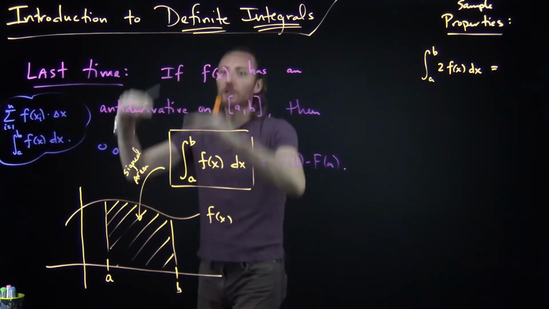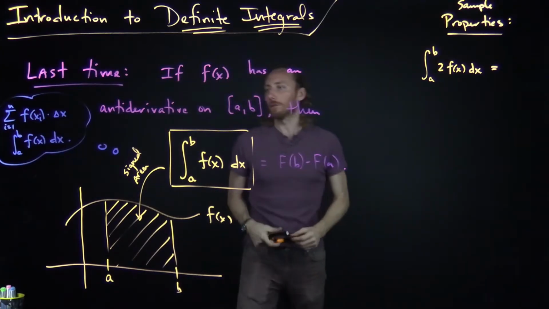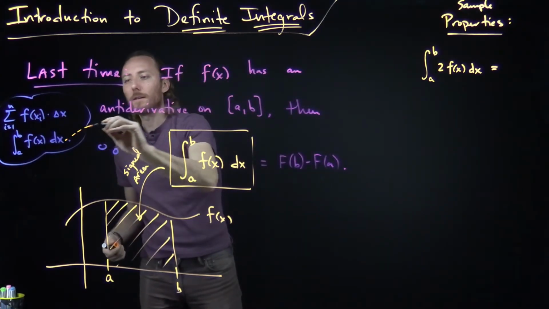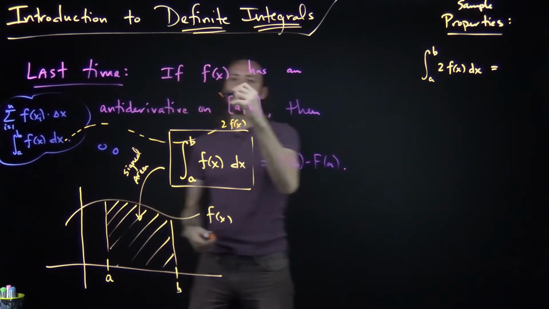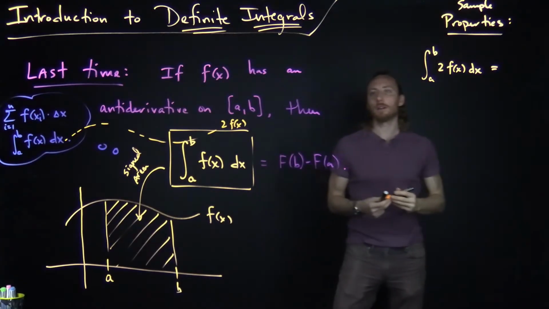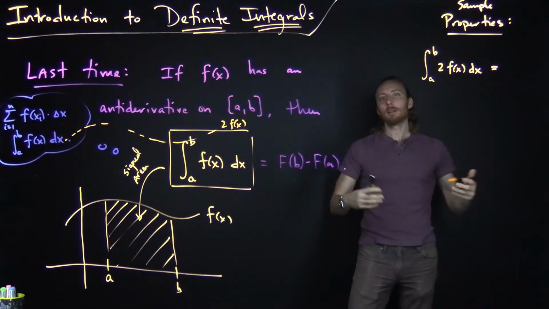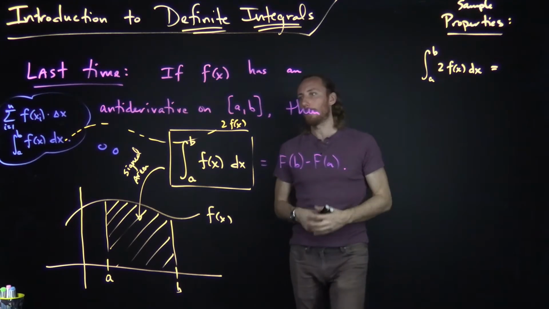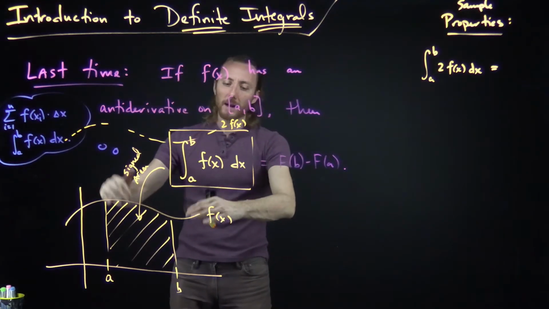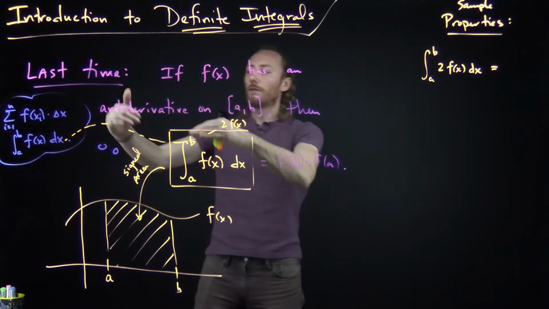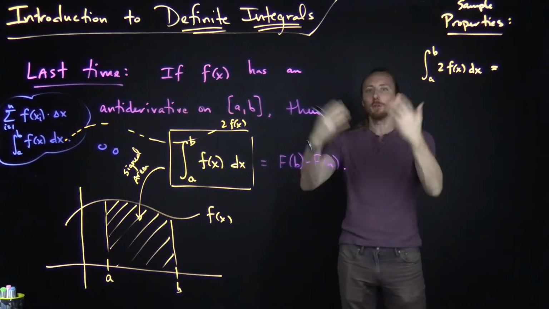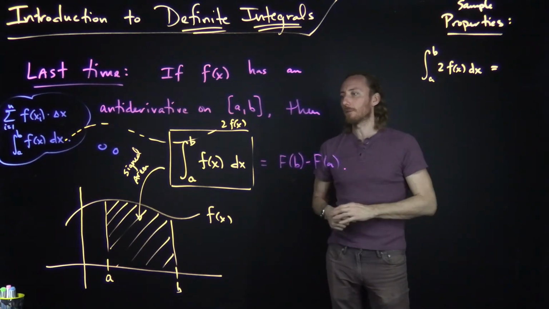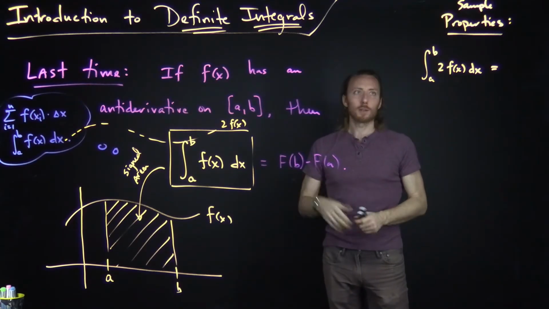Essentially, the function is going to be twice as tall, right? You can almost imagine up here, you'd have the function 2f of x, essentially twice as tall as the function f of x. And so how much area is contained beneath it? Well, if function f of x contained as much area as it did, the function that is twice as tall is going to contain twice the area by virtue of every rectangle associated with its approximation being twice the height.